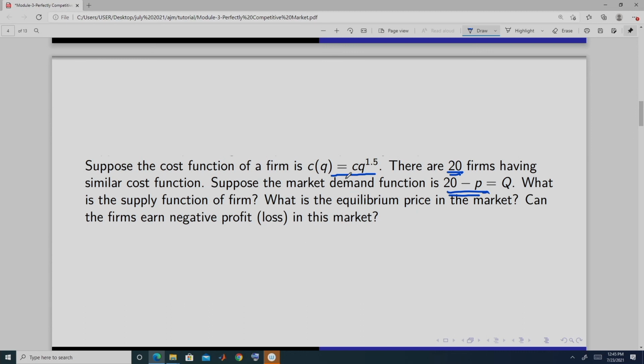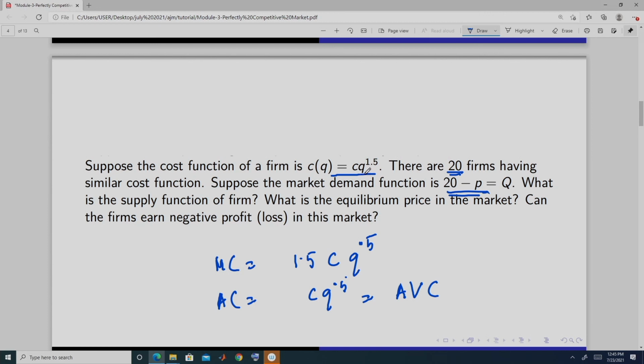If you look at this cost function, what is the marginal cost? Marginal cost is this. What is the average cost? Average cost is C, which is same as average variable cost, because this is the case of strict decreasing returns to scale kind of thing.